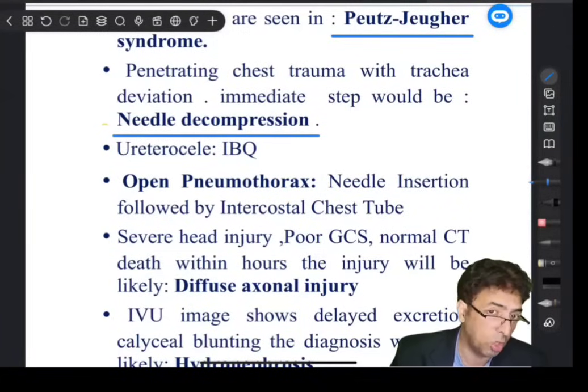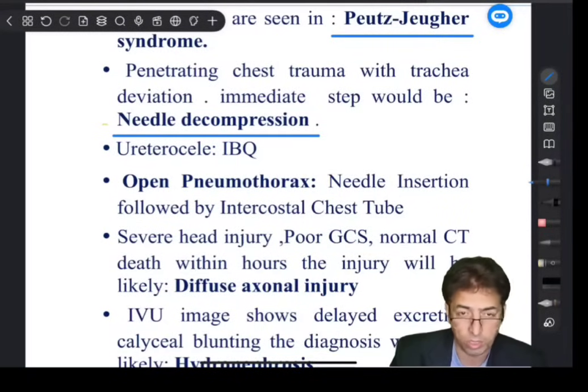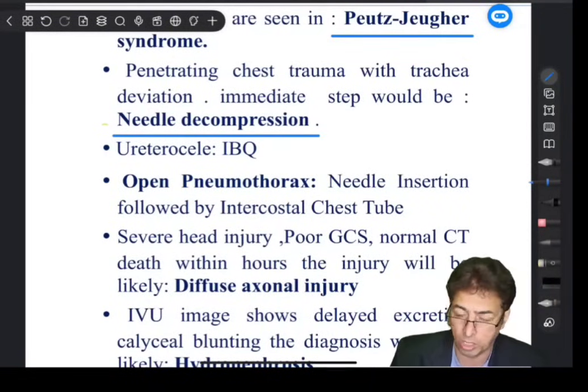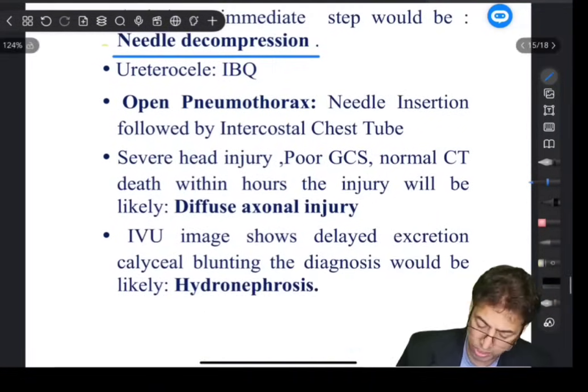The question was basically about pneumothorax, and you have to be very vigilant in diagnosing this condition as well. Just on the basis of the severity of the symptoms, there needs to be a rapid intervention. The needle would be inserted and that will relieve pressure, followed by an ICD as well.